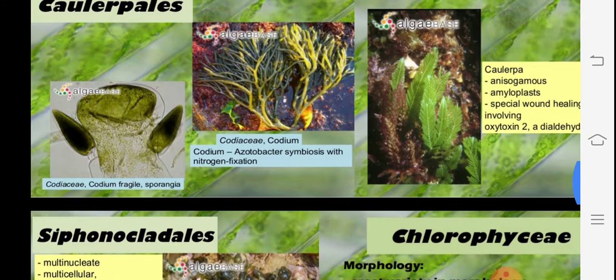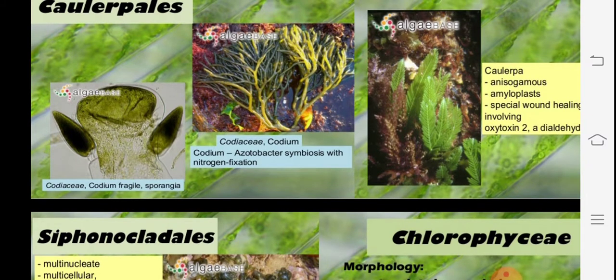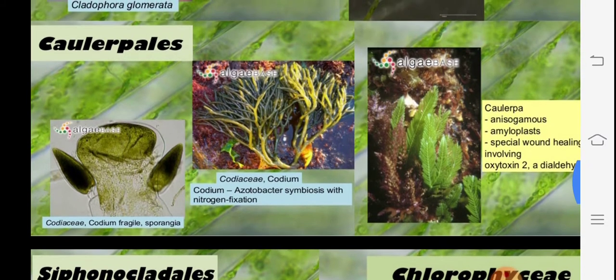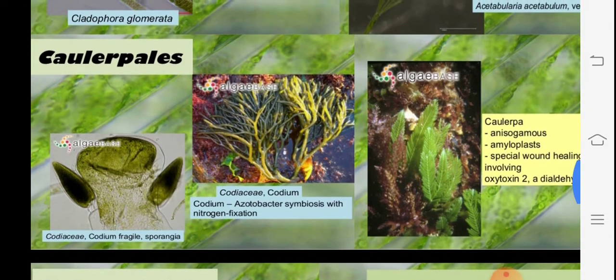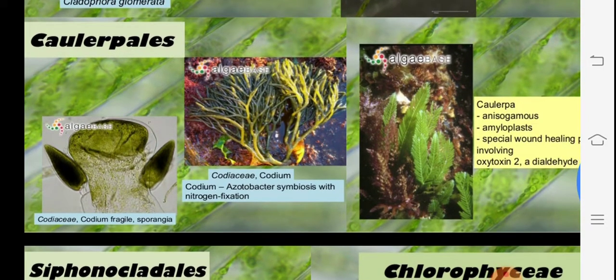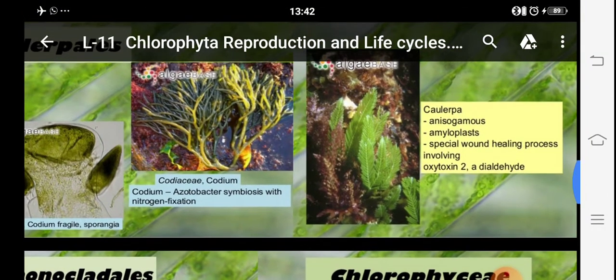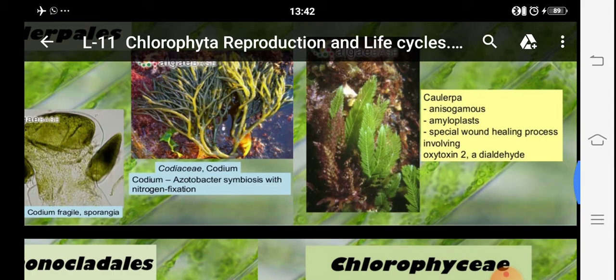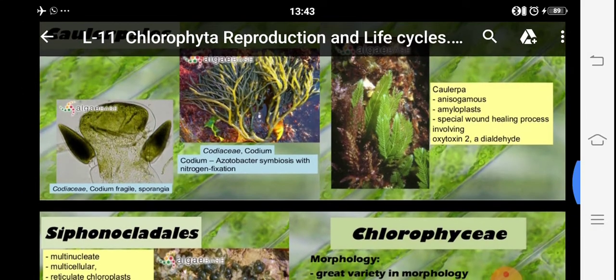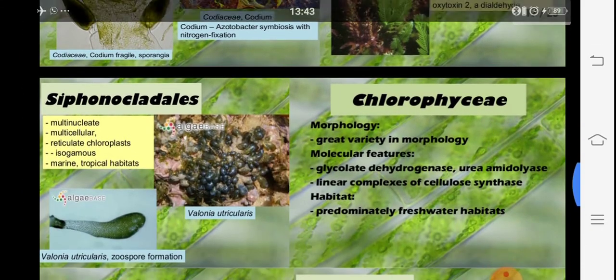Then Caulerpales. Caulerpa is a marine alga, commonly occurring in seawater, and generally it shows the anisogamous condition. Amyloplasts are there, and a special wound healing process is involved. Caulerpicin, which is a dialdehyde, is commonly present in Caulerpales.